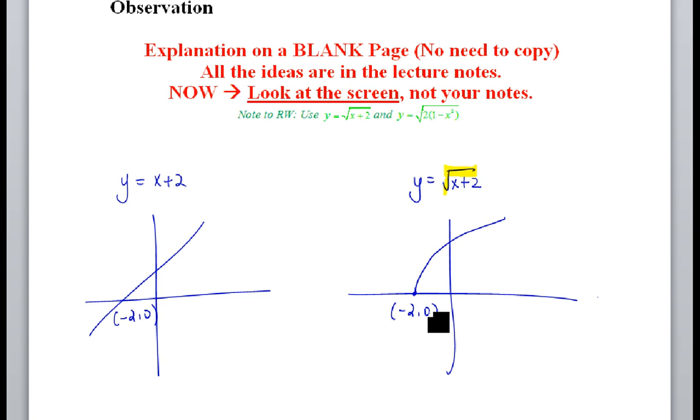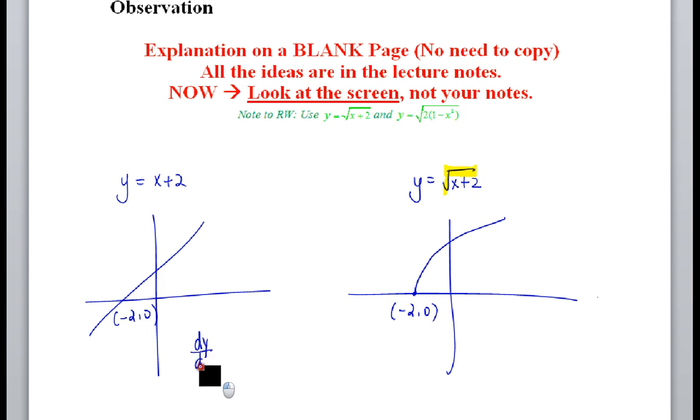I am going to explain why this portion is shaped like that. Let's see. Can we say this?